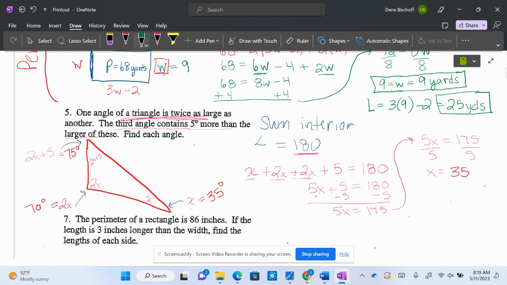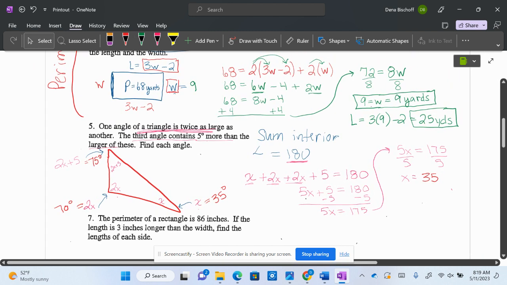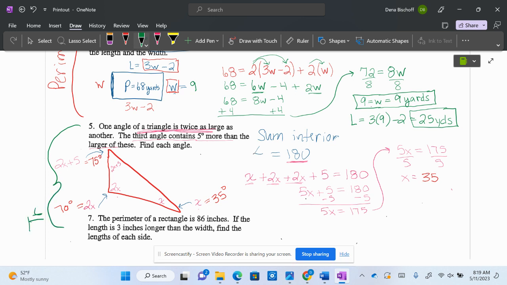So I'm going to label the outside of this problem. I'm going to call this triangle angle sum. I'll write it out, because I want you to know what that is.